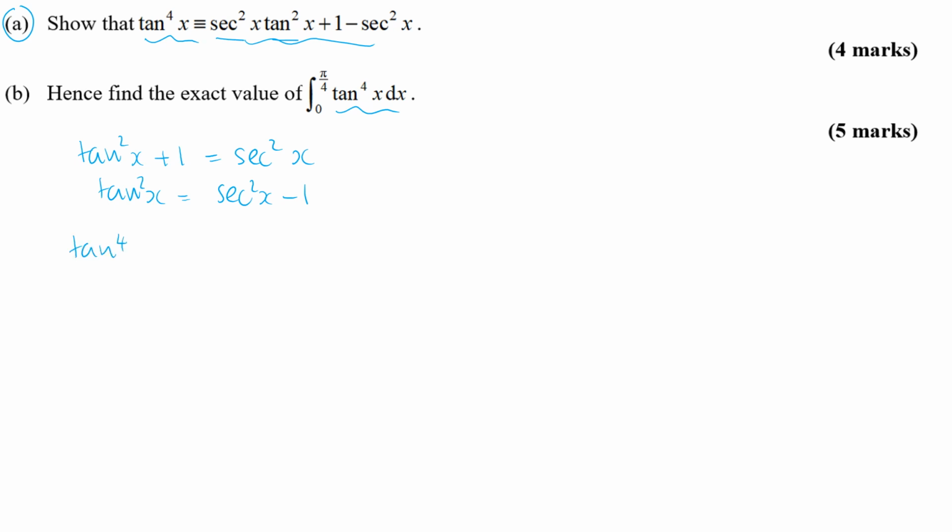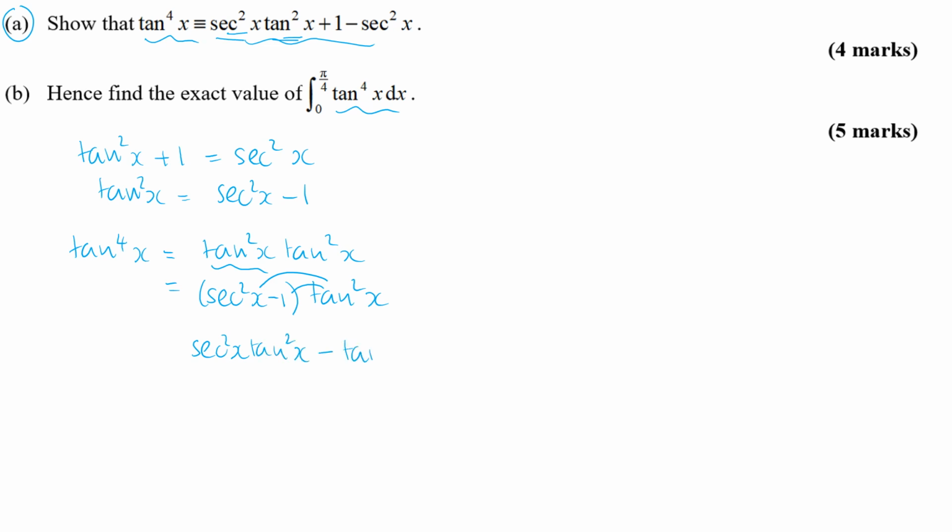Tan to the 4 of x is equal to, now I want to have some sec squareds and tan squareds, so I'm going to write it as tan squared x and use one of the tan squareds to write as sec squared x minus 1, but then leave the other one there because I need a mix of both. Now multiply this in, it's going to give me sec squared x tan squared x minus tan squared x.